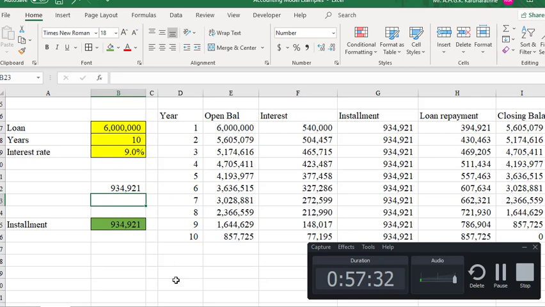You can see I got the same answer here, right? So this is the annual loan installment value.